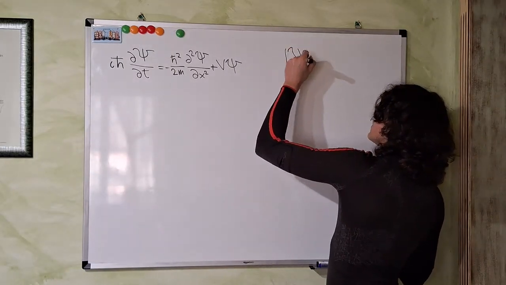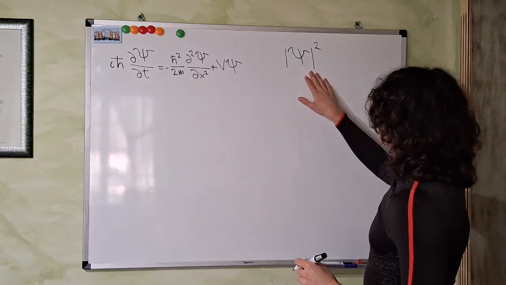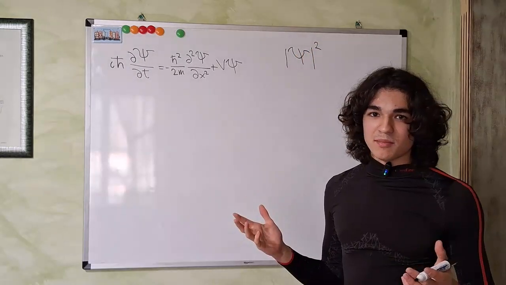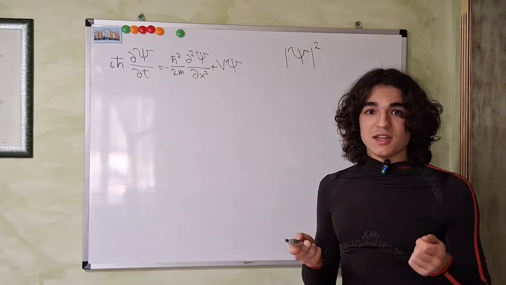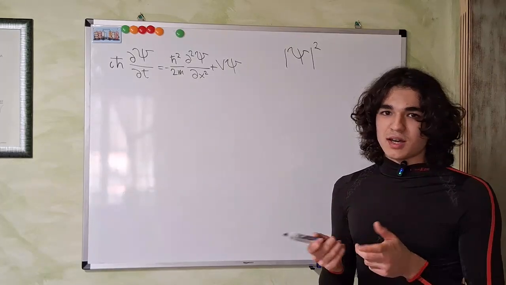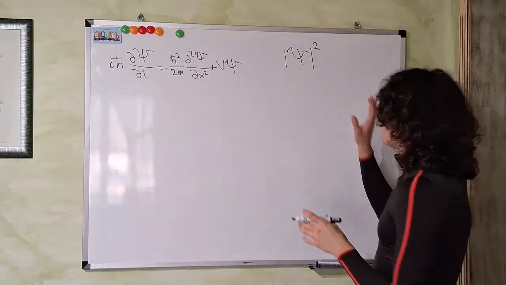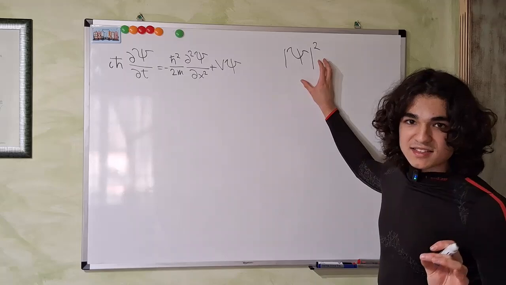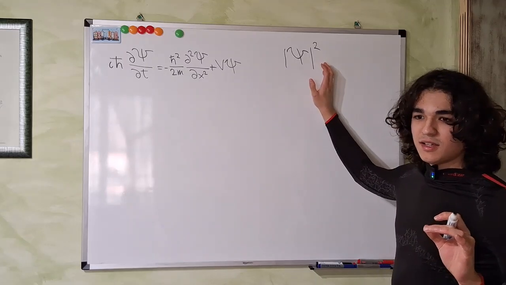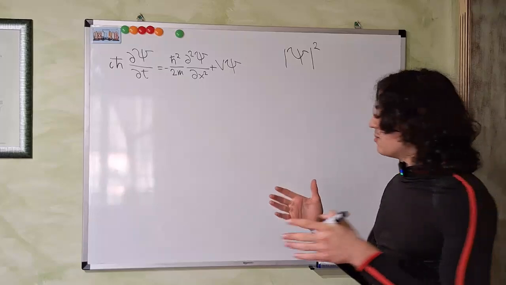The interpretation is that the modulus squared of the wave function is a real number. Remember, this is very important, because at the end of the day, what we measure are real numbers, not imaginary numbers. It represents the probability density of finding the particle at a particular point.